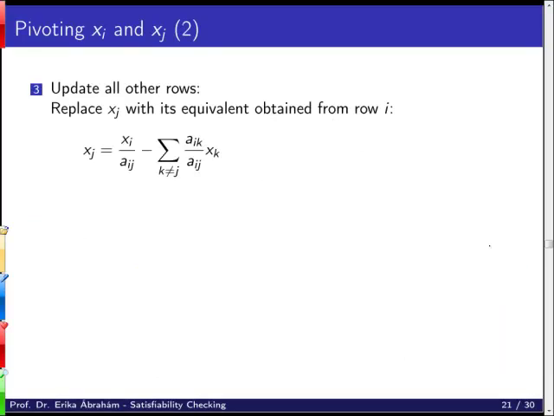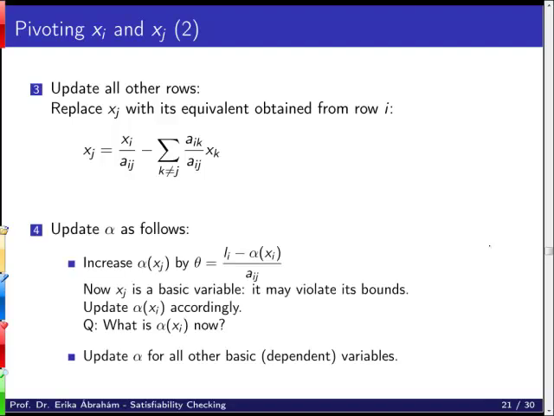For all other rows, we replace xj with its equivalent, so with the row for xj. We also have to take care that the assignment now is changed. We increased the value of the variable which was at its bound. We pulled it to its bound. So this is the difference which was missing.